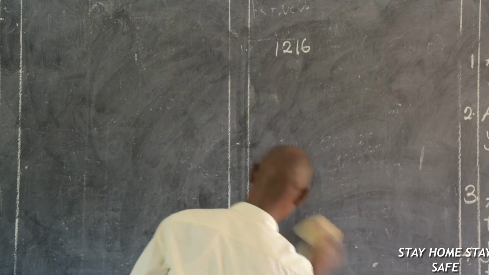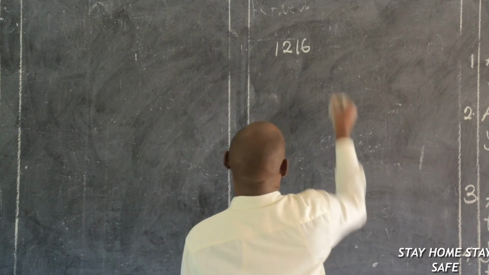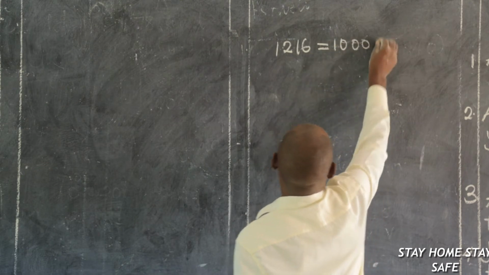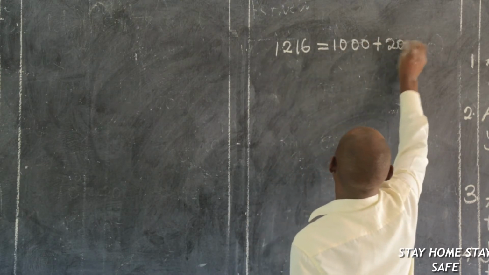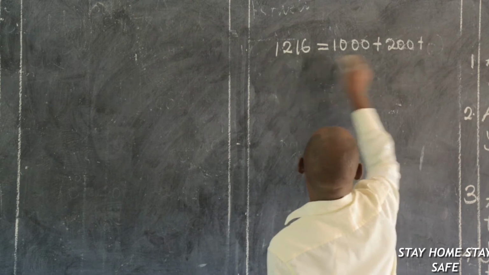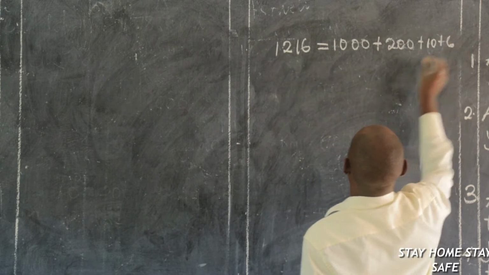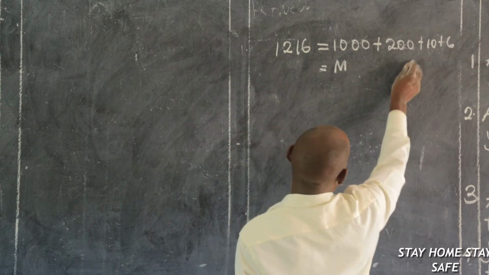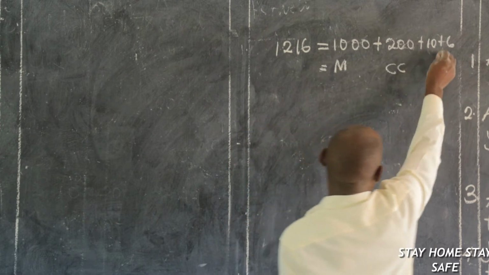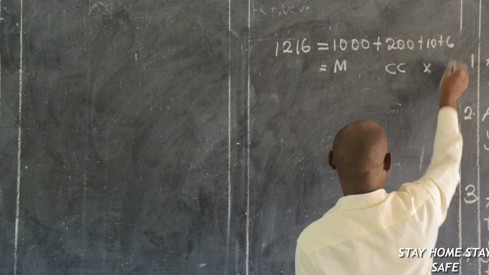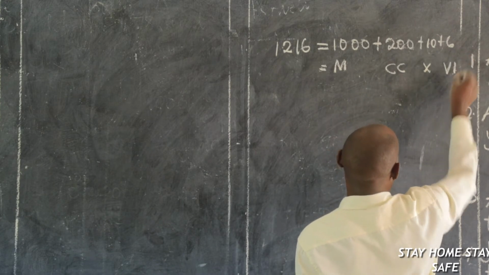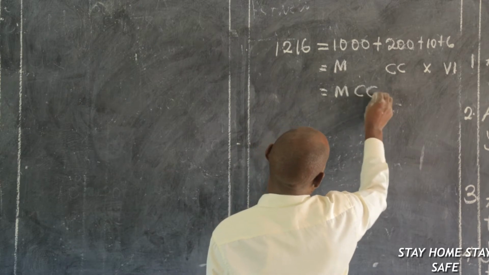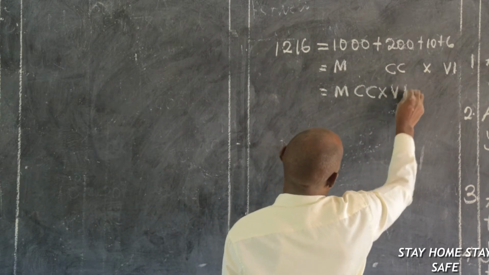So by expansion, what are we going to get? This one is going to give you 1000, then plus 200, then plus 10, then plus 6. So 1000 is capital M, 200 is CC, 10 is X, 6 is VI. And this one is going to give you M, C, C, X, V, I.